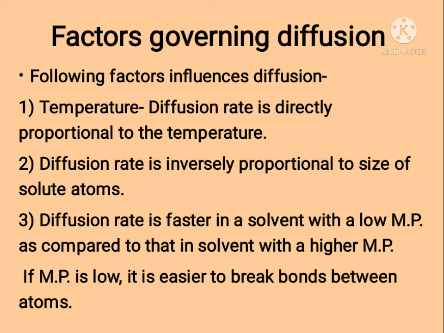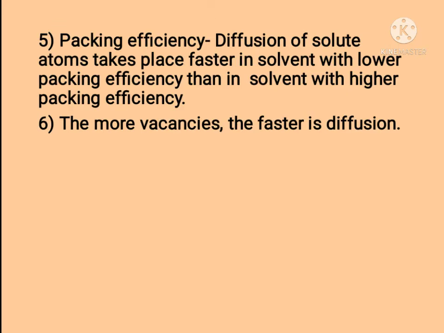In a solid solution, if the solvent has a low melting point, then the diffusion rate is high. As there are more vacancies, the rate of diffusion is faster. From this, we can conclude that the vacancy mechanism of diffusion is more rapid than other diffusion mechanisms.